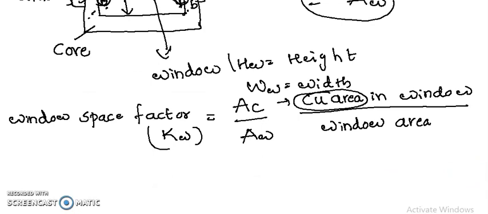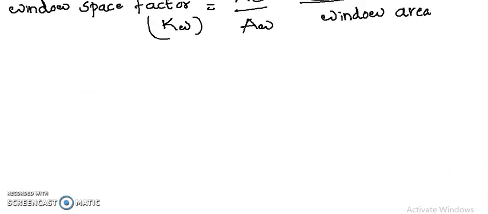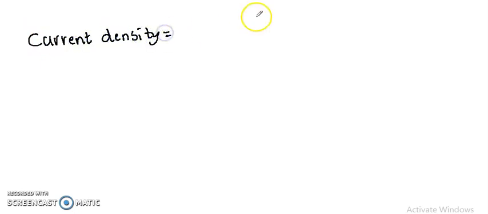Next, move on to some parameters. The next parameter is current density. What is the meaning of current density? Current density is nothing but current per unit area.